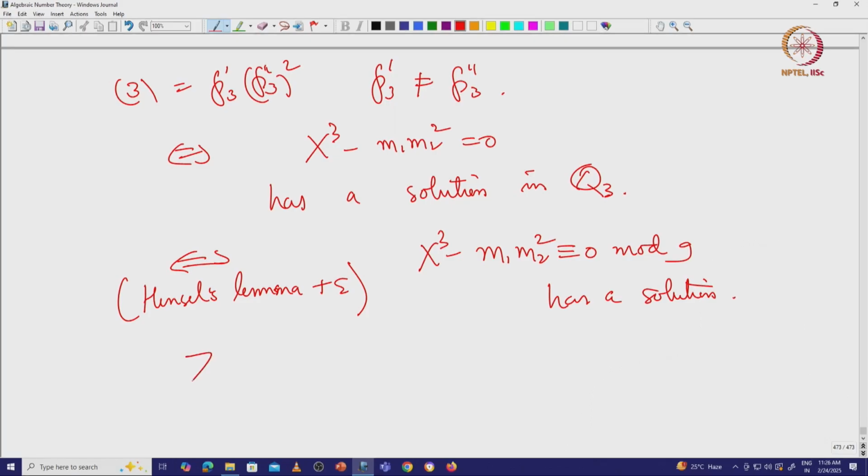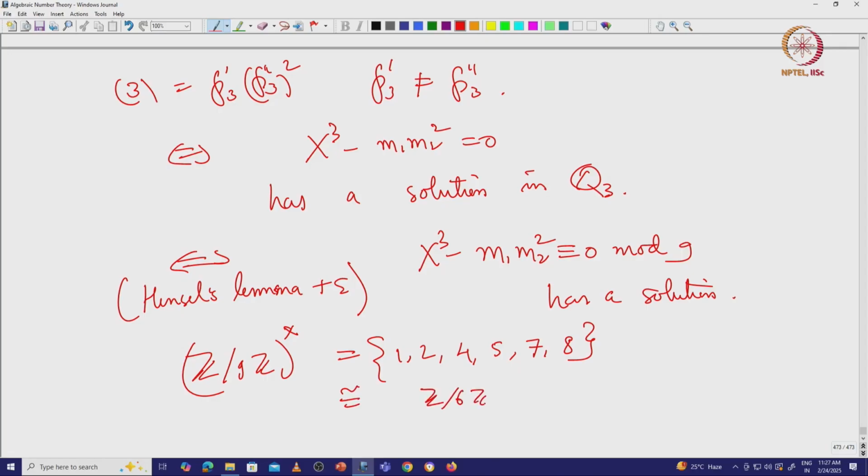What does (Z mod 9Z) cross look like? Concretely you can write it as 1, 2, 4, 5, 7 and 8, but abstractly this is isomorphic to Z mod 6Z.